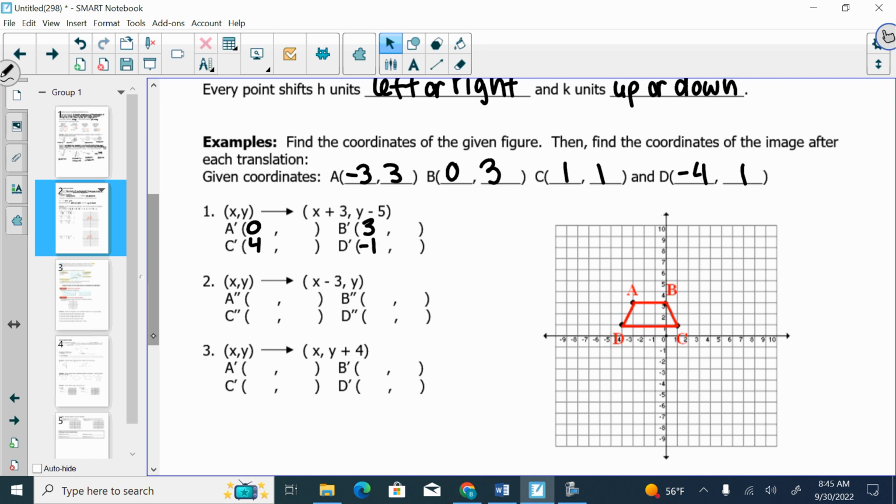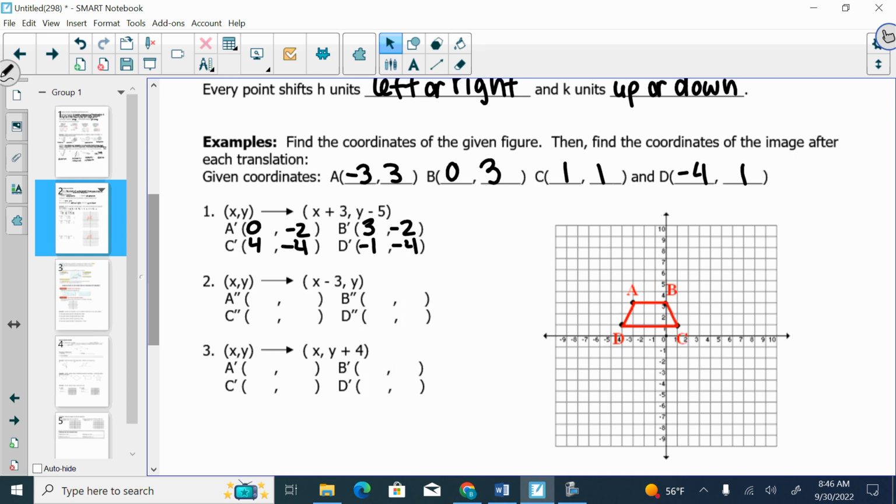All right, for y, they say we're going to subtract 5 or move down 5 units, right? So if I subtract 5 from 3, where do I land? Negative 2. And if I subtract 5 from 3, again, we land at... And if I subtract 5 from 1, I'm going to land on... Right, and same for point D.